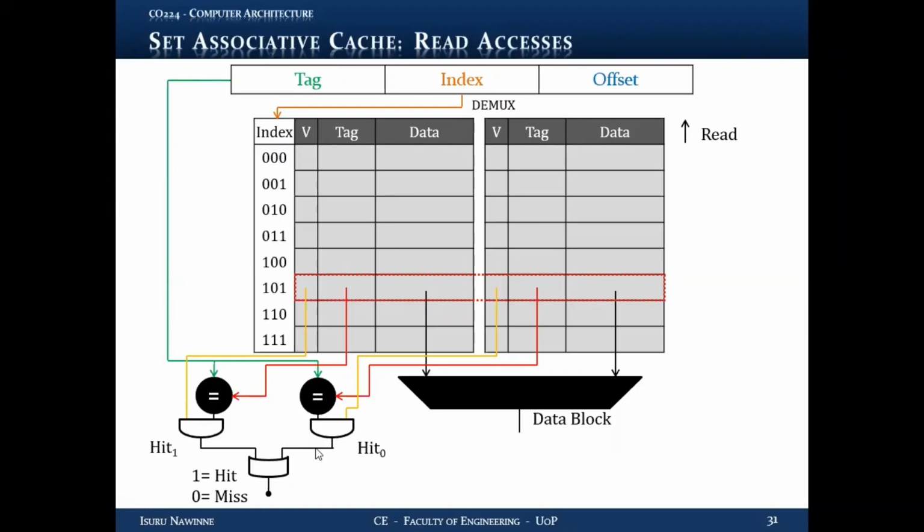How can the last bit of tag help? Hit 1. Okay. That is a good suggestion. If hit 1 is 1, then we know we have to take that data block from the way 1, right?